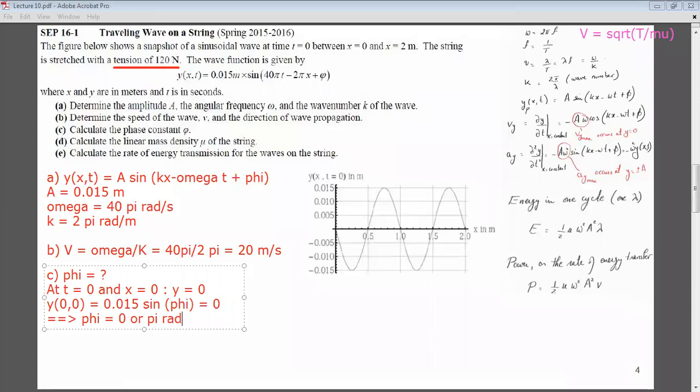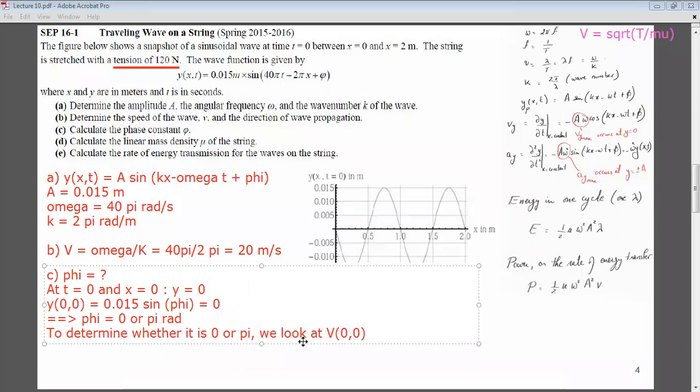Now, to decide whether it is 0 or pi, we look at the velocity at 0, 0.